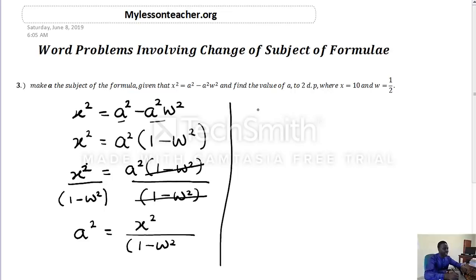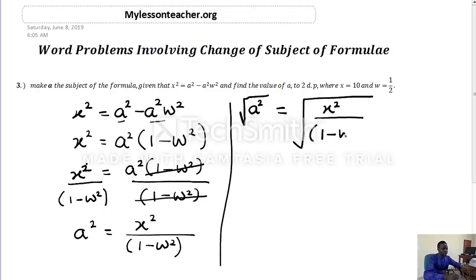Okay, but we are asked to make a, the subject of the formula, and not a squared. So therefore, I'm going to find the square root of both sides. So finding the square root of both sides, we'll have square root of a squared is equal to square root of x squared divided by bracket 1 minus w squared.